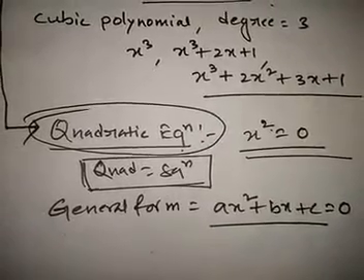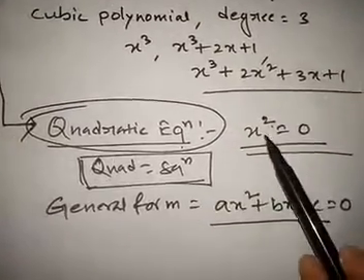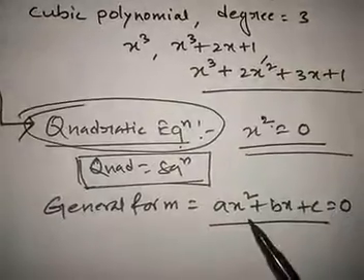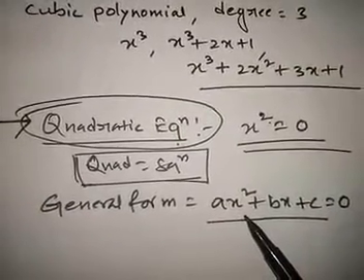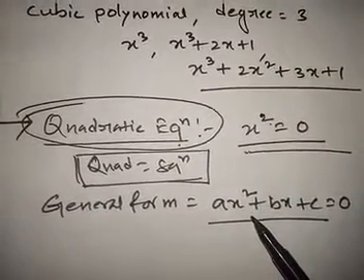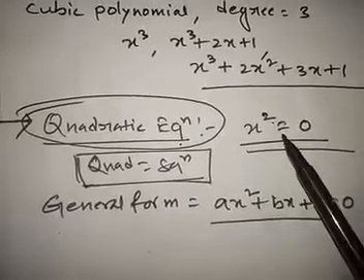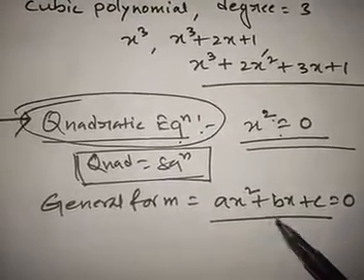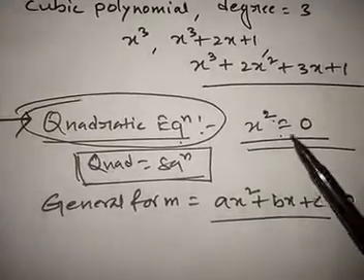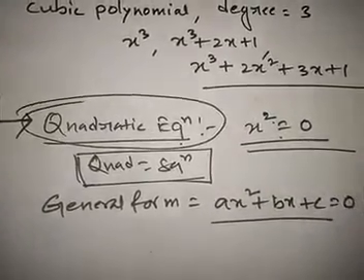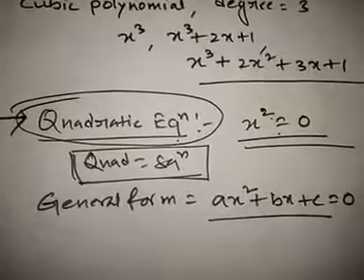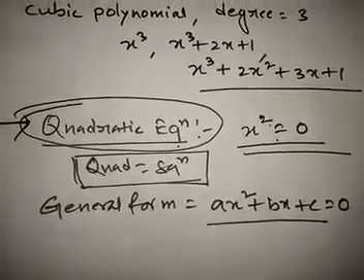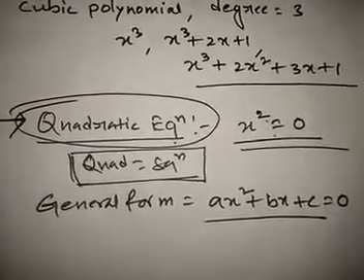Now you may think that this x square equal to 0 is not in the form of ax square plus bx plus c. It is not like that. This one is also in the form of ax square plus bx plus c. The only difference is there is no bx plus c. That means in place of b and c, 0 will come.